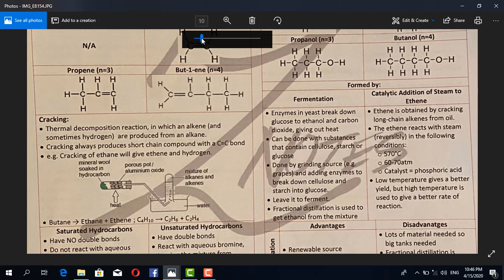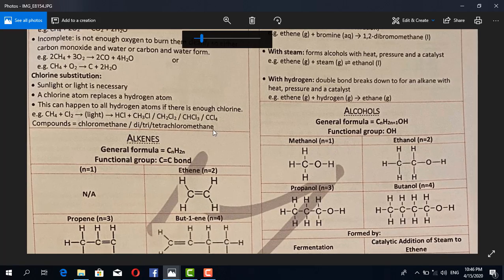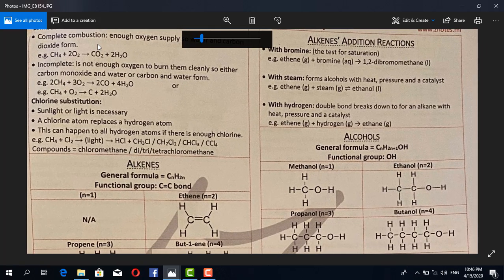It's either a complete combustion with enough oxygen, or incomplete, which means we do not have enough oxygen to burn them cleanly. So in complete combustion we have enough oxygen supply, so water and carbon dioxide form. For example, methane is part of natural gas. So when we burn it in the presence of enough oxygen, we will have carbon dioxide and water as products from this chemical reaction.